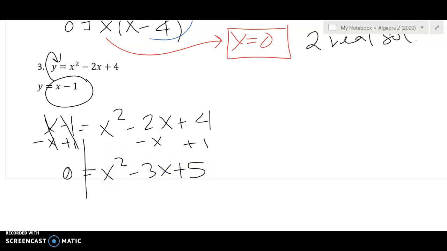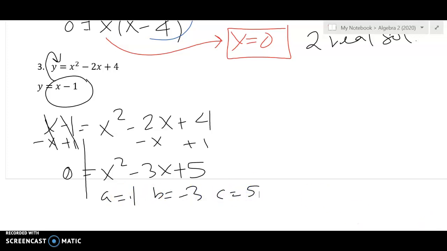Again, I went through the spiel for the last problem, but you have a lot of different ways to solve. You have graphing, factoring, square roots, completing the square, and quadratic formula. The quadratic formula works every single time, so I'm going to break this apart. So A is 1, B is negative 3, and C is 5.